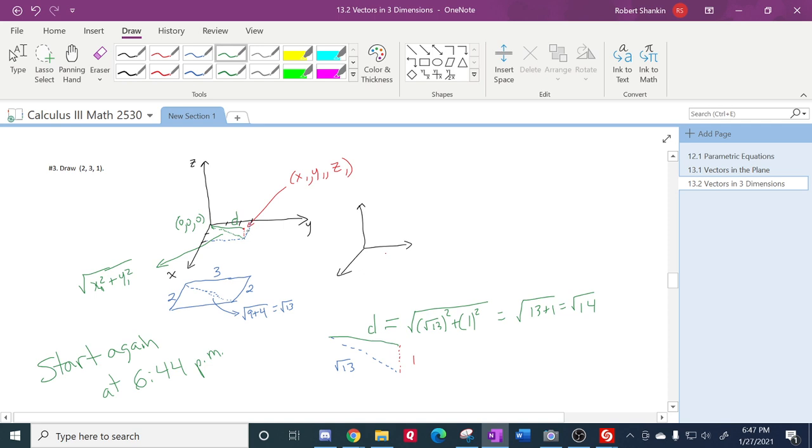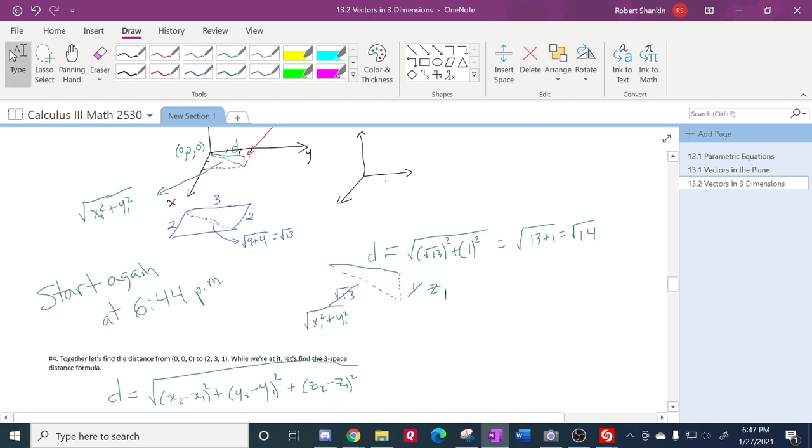And then you have this vertical distance over here. So this would wind up getting replaced with square root x1 squared plus y1 squared. This would get replaced with z1. And then when you take the square root of this squared plus this squared, you just get all three of these, x1 squared plus y1 squared plus z1 squared.